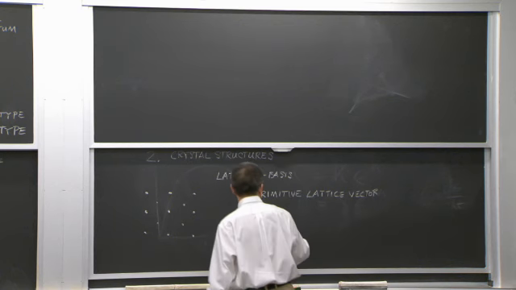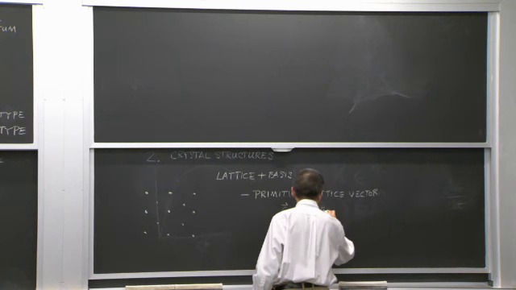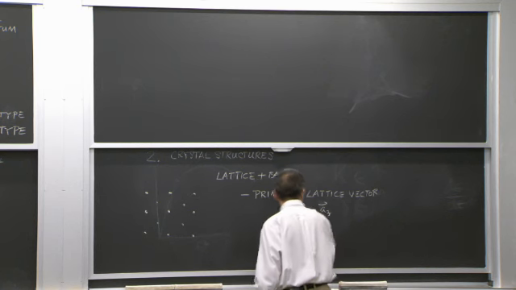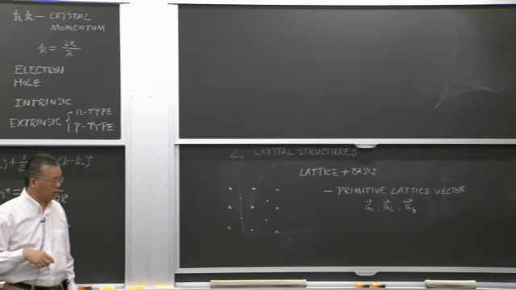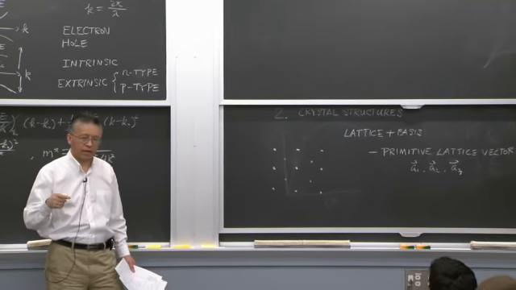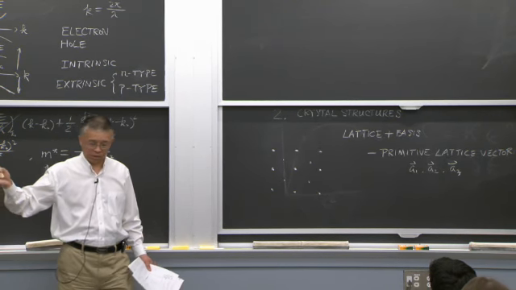In 3D it will be A1, A2, A3. In 2D, of course, you only have two. And what is a primitive lattice vector? It's a set of vectors with which I can use linear combinations with integers to reach all other points.